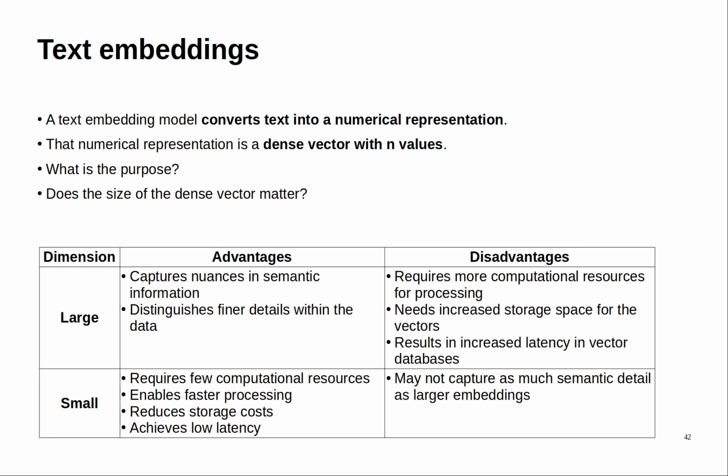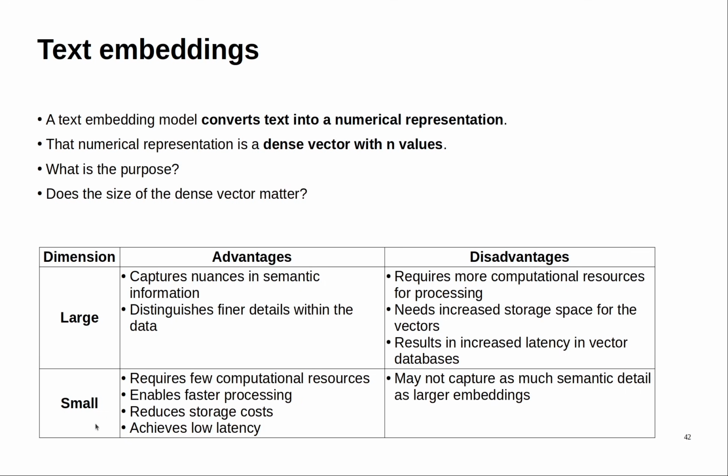You can also identify finer details within the data, but the problem is that larger embeddings need more computational power. They also take up more storage space since the vectors are big, and finally, when we perform similarity searches, they take longer because of the higher latency.